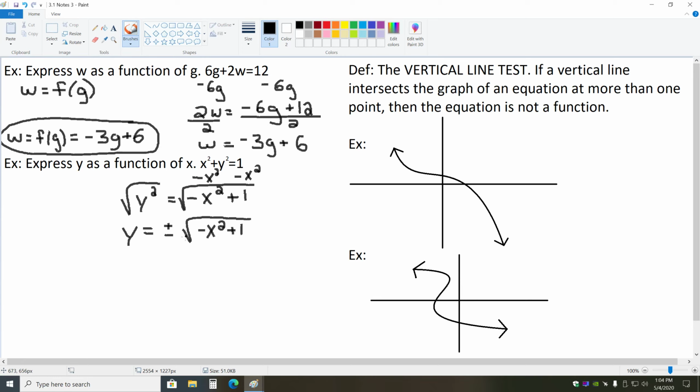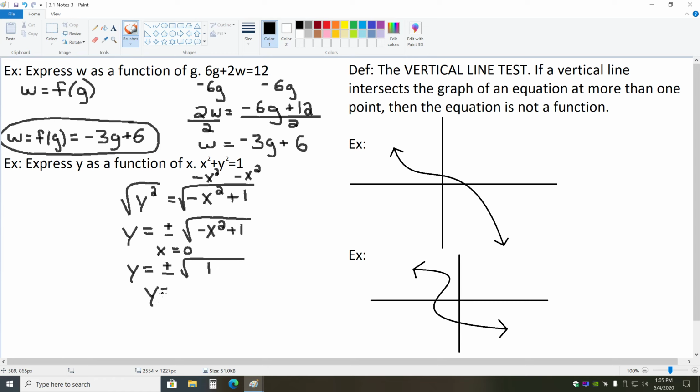And now notice what happened here. What happens if we were to plug, for instance, 0 in for x? If x equals 0, then that means y equals plus or minus the square root of negative 0 squared plus 1, which will just leave us with 1.